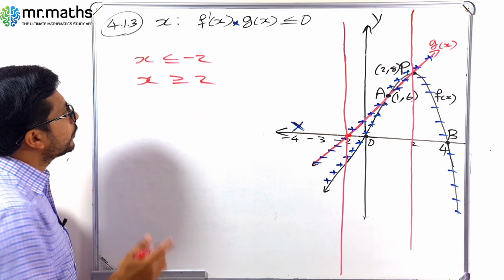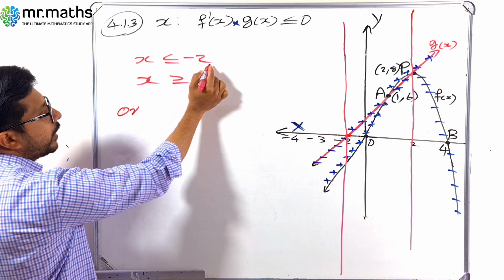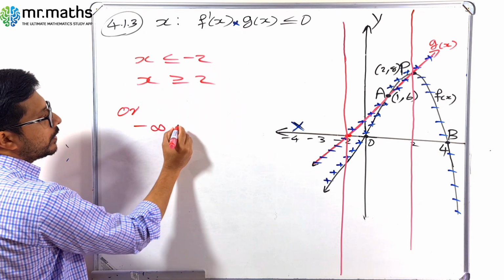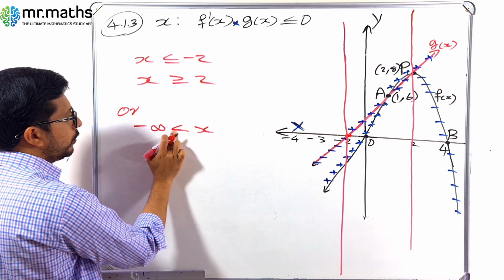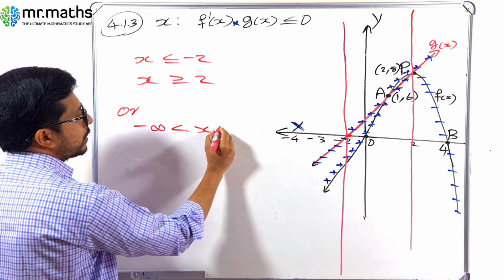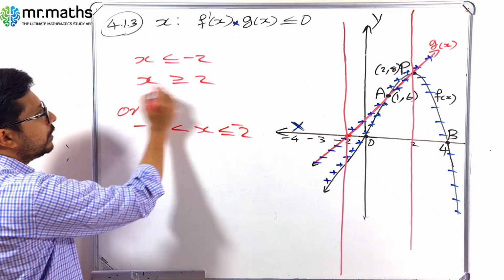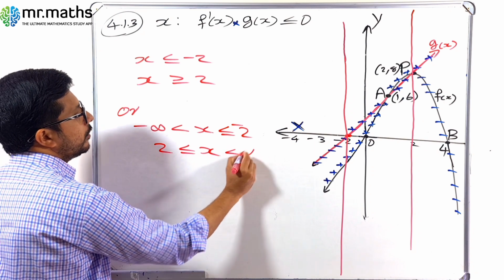So you can write it like this also. In some schools, x less than or equal to -2. Some schools write it like this: minus infinity less than x less than or equal to -2. And for this one, how can you write? 2 less than or equal to x less than positive infinity.